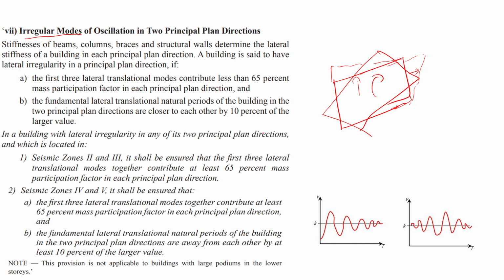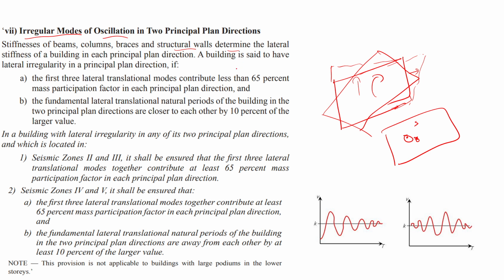Whenever there is oscillation happening, we should be very careful on that. The stiffness of the beams, columns, and structural walls determine the lateral stiffness. Correct? It all depends upon the center of mass and center of stiffness. We should be very careful. You guys know that.